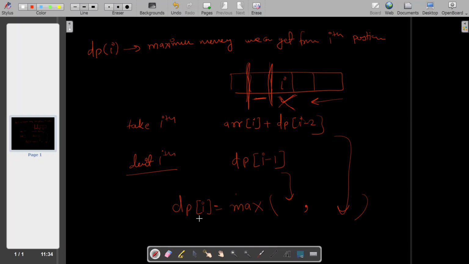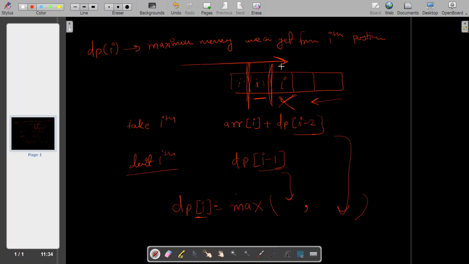As I mentioned in the last video, dp of I depends on I minus 1 and I minus 2, so we should write the loop this way, because whenever we reach I, we have the values of I minus 1 and I minus 2. That's why we iterate like this, and we can write the code accordingly.